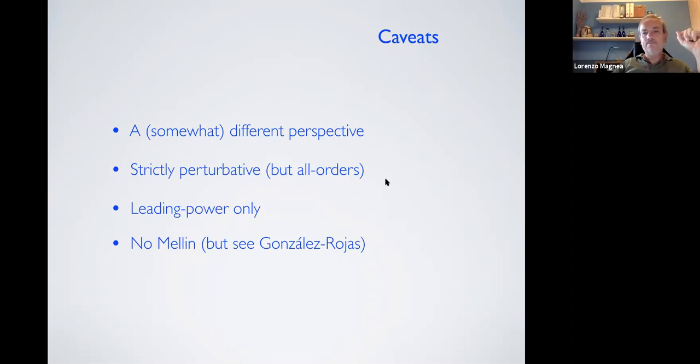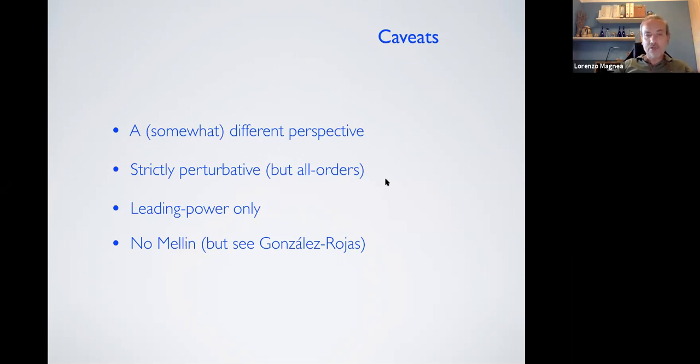However, in the non-abelian context we have all-order results, so most of the results that I will show are to all orders in perturbation theory. Third, I'm working strictly at leading power, so I'm going to be talking about soft and collinear theorems, but not next-to-soft.